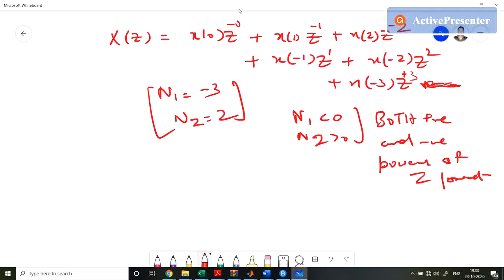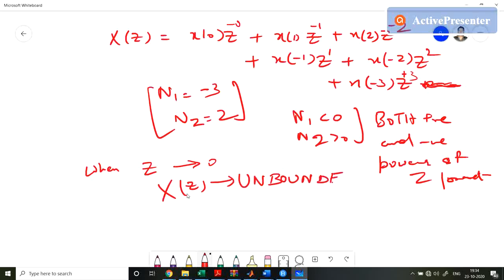When z tends to 0, the terms with negative powers of z become unbounded, so X(z) will become unbounded.